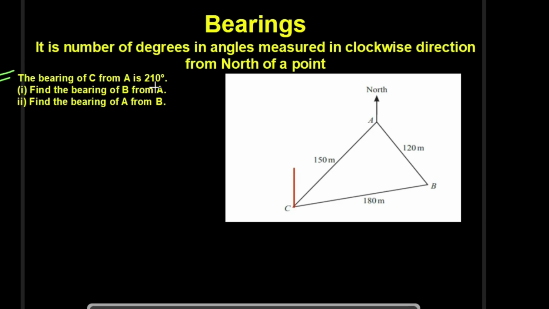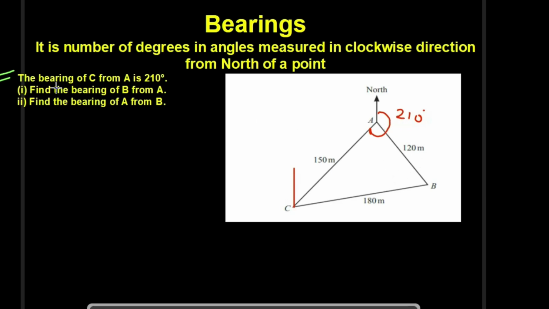Now the bearing of C from A is 210 degree. That means the direction of C from A, that means at A we have to draw north and we have to go in a clockwise direction. So this angle is there. If you see, this angle is 210.